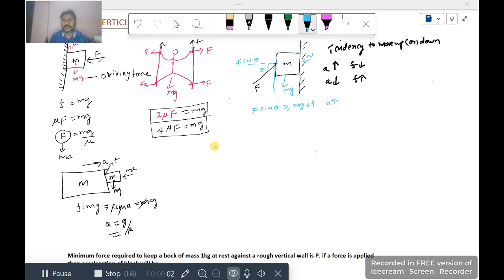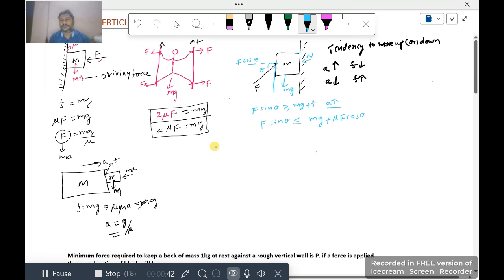Now acceleration is moving upwards. So this is the maximum force given in the upward direction, F maximum, F sin theta. When it is moving upwards, mg and the friction force act downward. Therefore, F sin theta is less than or equal to mg plus mu into F cos theta.